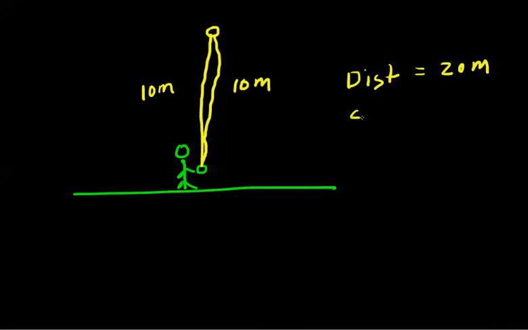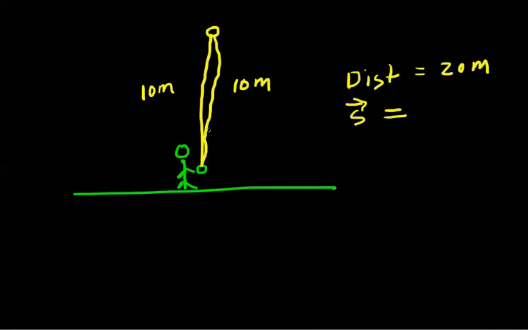And displacement, the capital S with an arrow, is the symbol for displacement. Displacement equals the distance between the starting point and the ending point. If you notice here, the starting point is the hand of this person and the ending point is also the same.